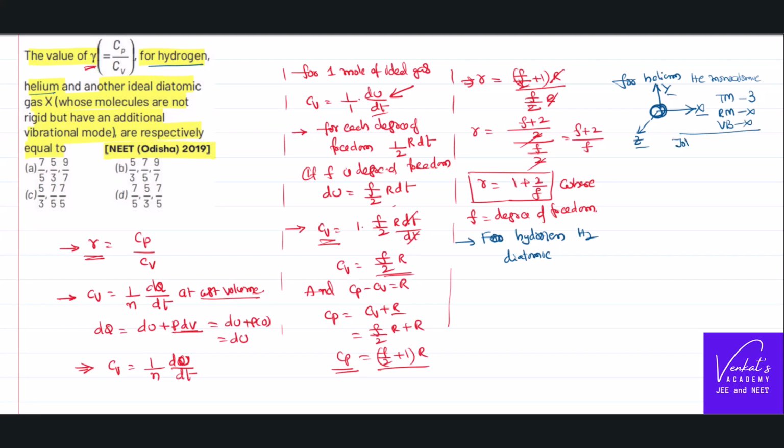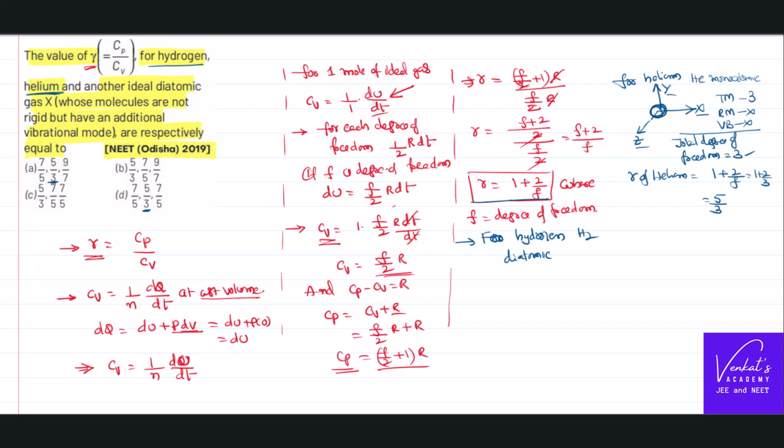So for helium, the total degree of freedom is 3. Once you know that, I can use this formula. Gamma of helium is 1 plus 2 by F, that is 1 plus 2 by 3, that is 5 by 3.